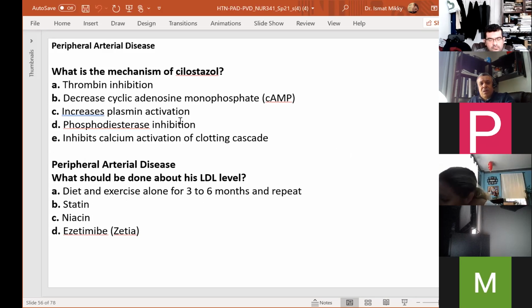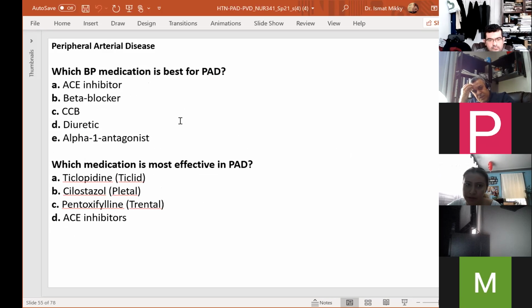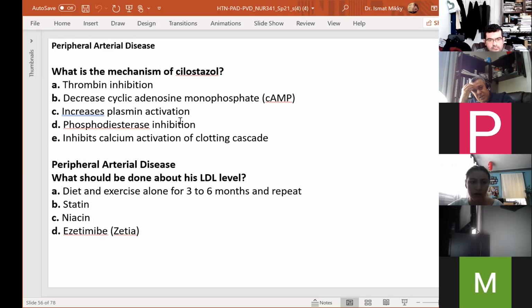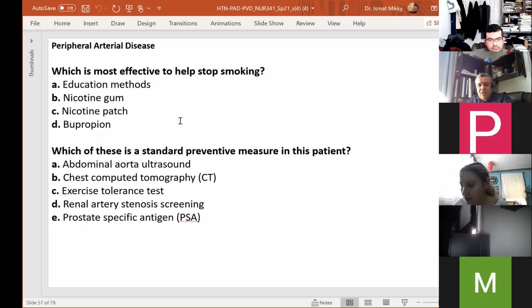What's the mechanism of the cilostazol, the Pletal? That should be C. I'm sorry, this question should be D, phosphodiesterase inhibition. That's the exact mechanism for this drug. Thank you, Dr. Mickey.